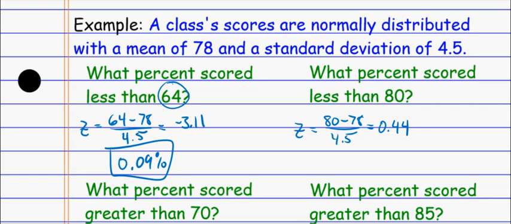This time the z-chart reveals a percentage of 67%. It gave me 0.6700, so 67%, okay? In fact, I could write it as 67.00% just to show the accuracy that came from my z-chart, although that 0.44 was rounded off to begin with, okay?